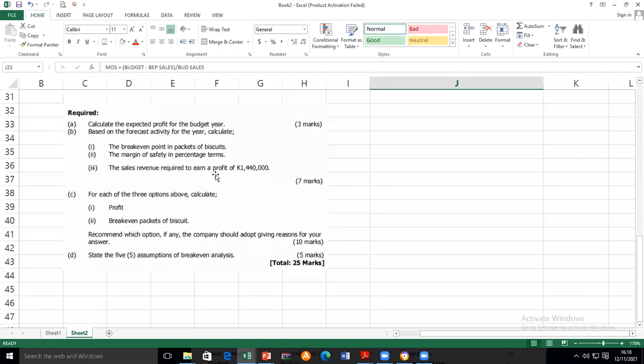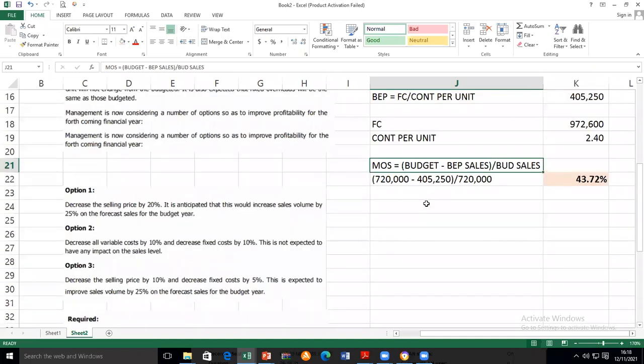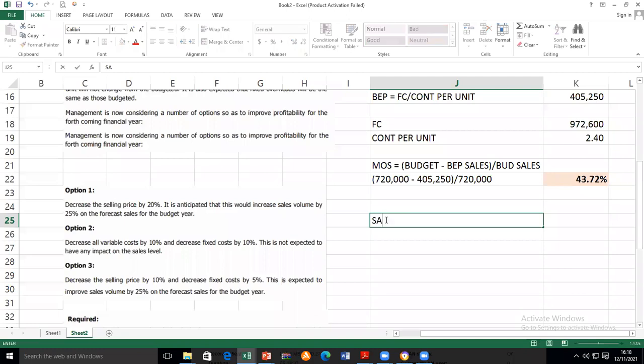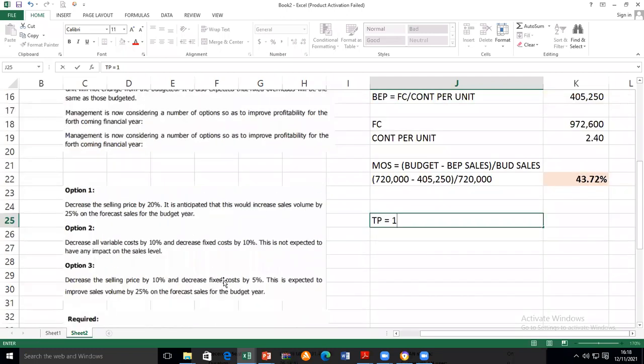Sales revenue required to earn a profit of 1440. They want sales revenue. TP equals 1440. So how many sales do we need?